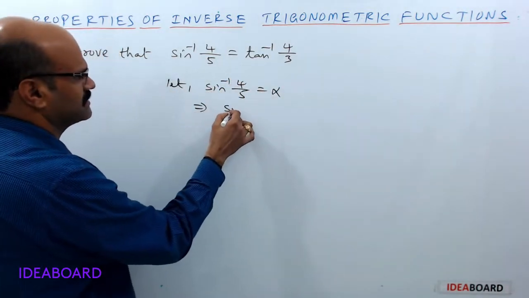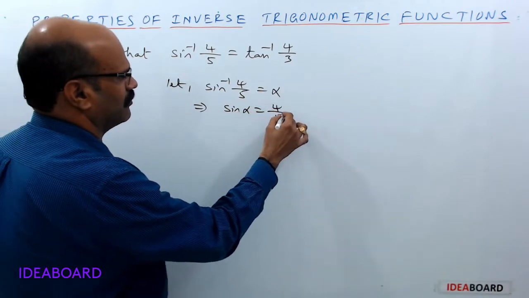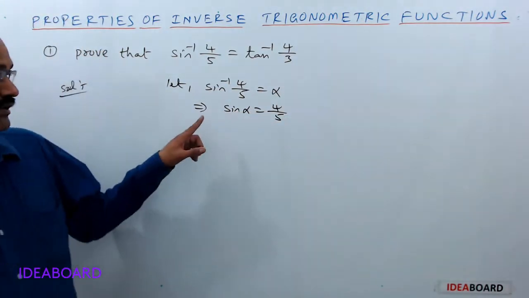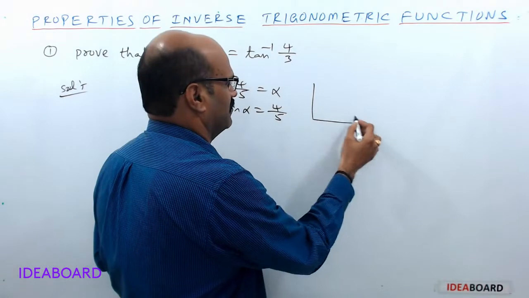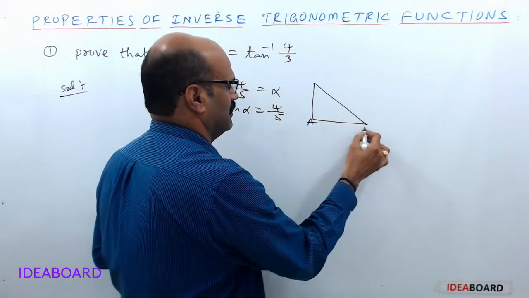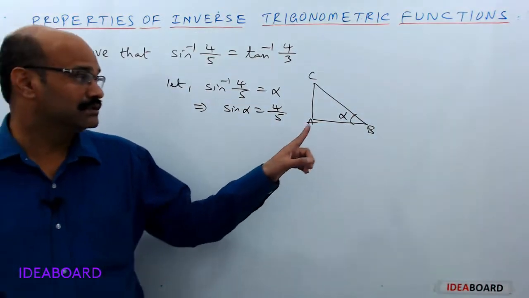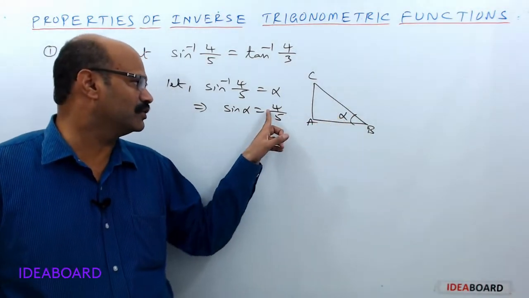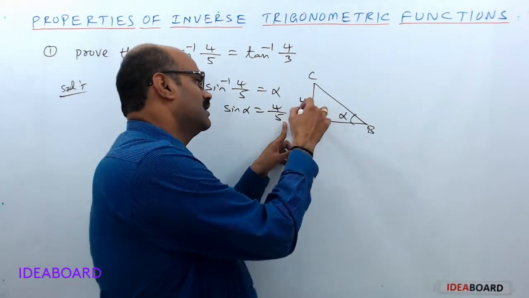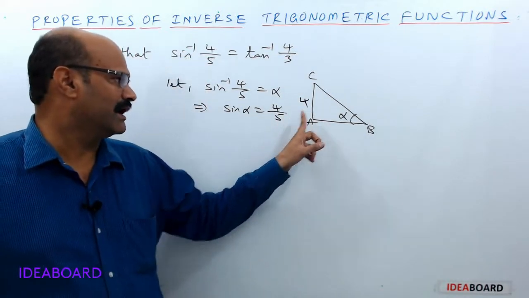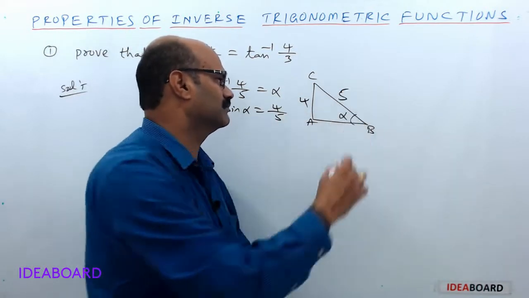It implies sin alpha equal to 4 by 5. Now take a right angle triangle ABC. Sin alpha equal to 4 by 5, opposite side 4, hypotenuse 5.